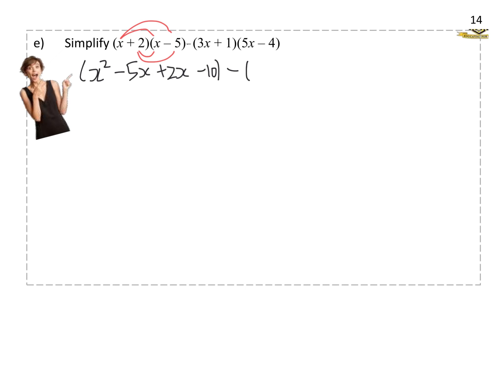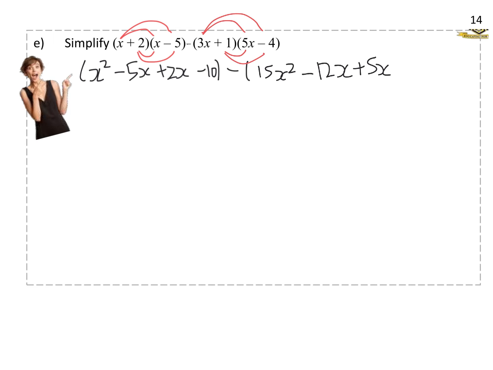So that will be 3x times 5x, which is 15x squared. 3x times minus 4, which is minus 12x. 1 times 5x, which is 5x.